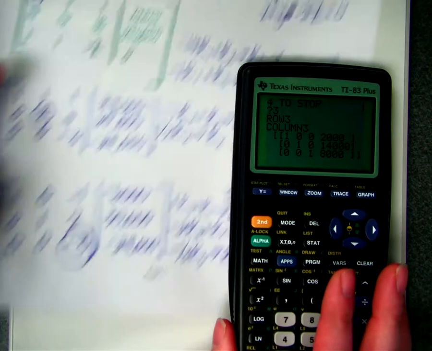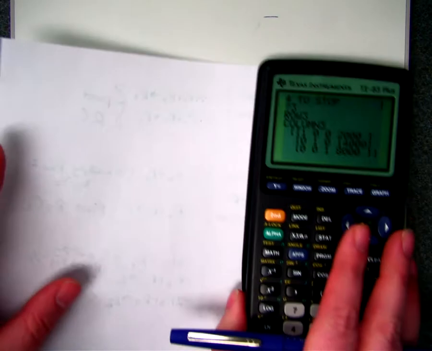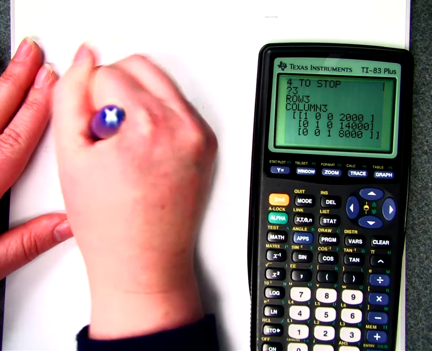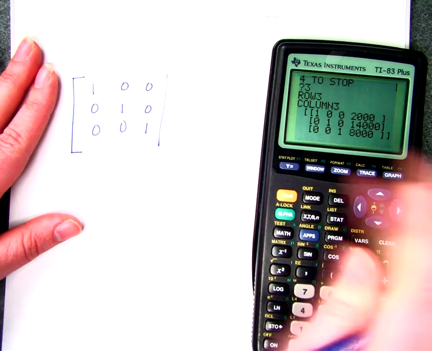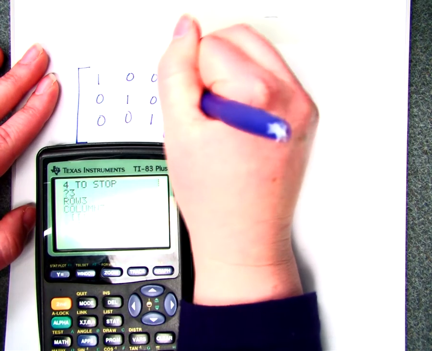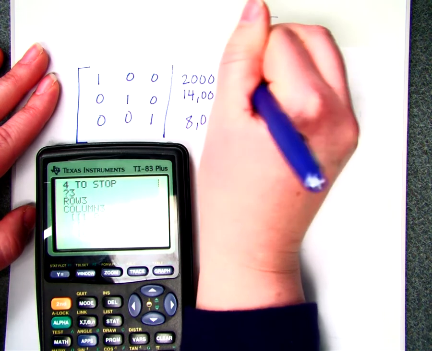So this is my final matrix. You write that down. And I am finished with 1s in my diagonals and zeros everywhere else.